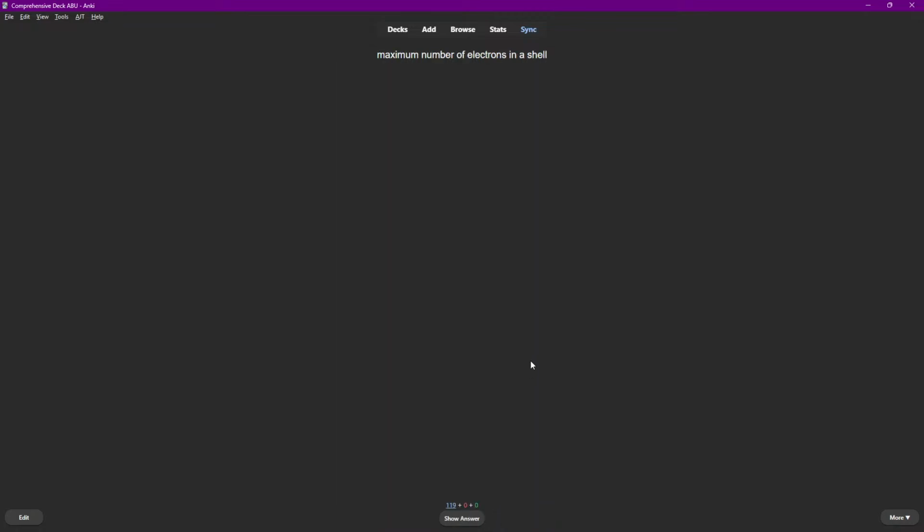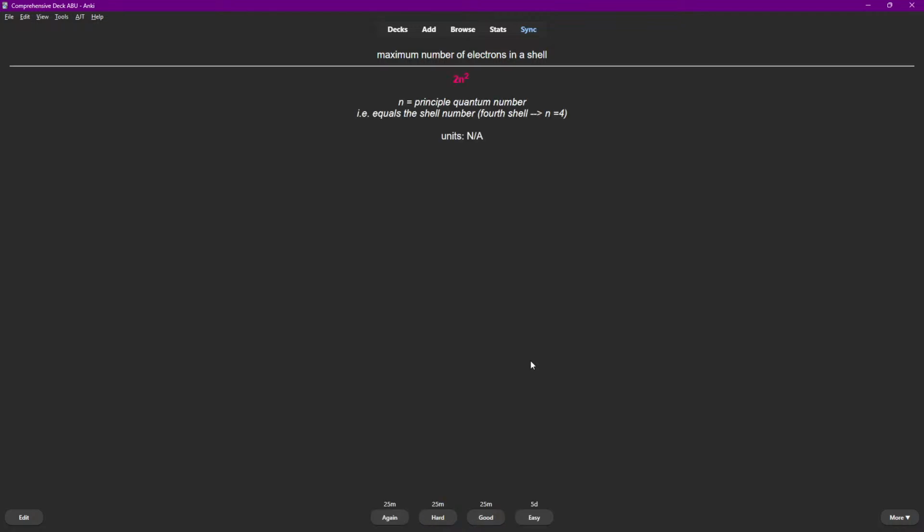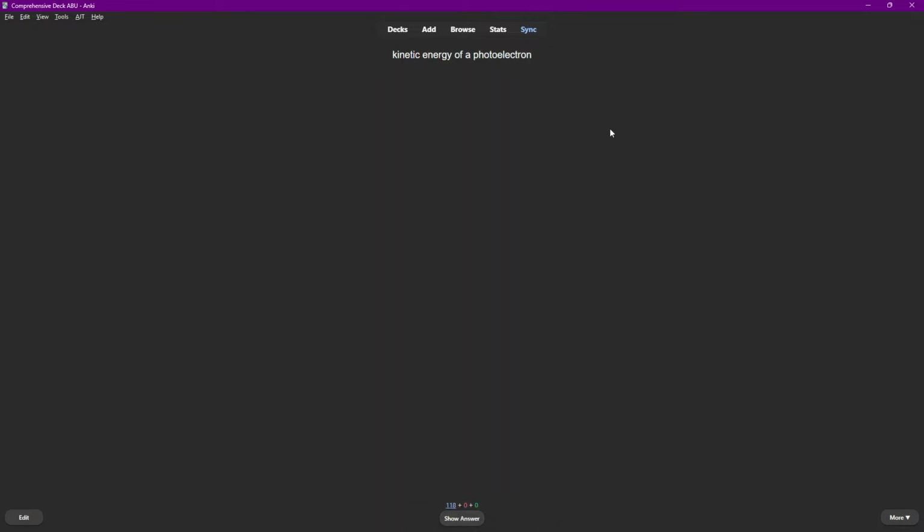Maximum number of electrons in a shell. I believe this is 2 to the n power. Yes. Kinetic energy of a photon? Wouldn't that just be Planck's constant times frequency?